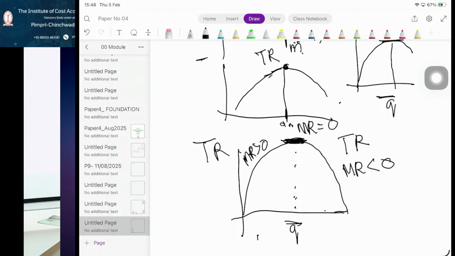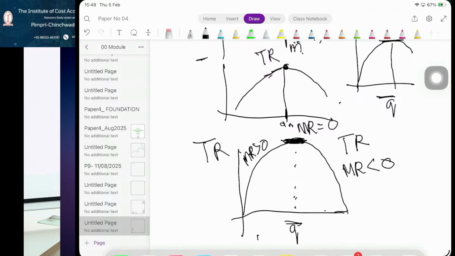Okay, have you all got this? This is the relationship between marginal revenue and total revenue. It is of very great importance in profit maximizing behavior of firms. So we'll come back to this model again and again. This is the marginal revenue and this is the total revenue.